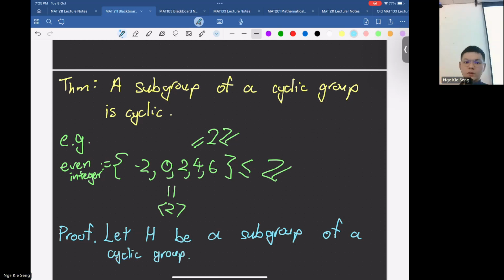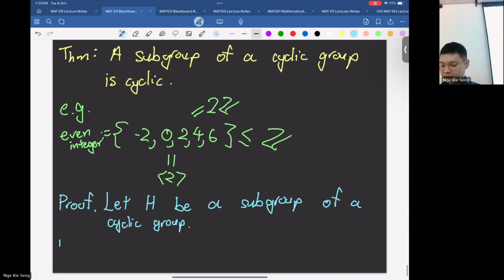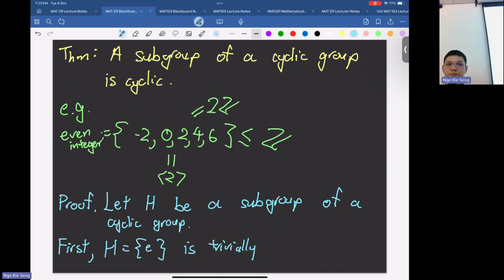What are the possible cases you will have? We will always have the trivial subgroup inside our group, so maybe this H could be the trivial subgroup. But the trivial subgroup is generated by one thing, which is itself. You just use e to generate this trivial subgroup.